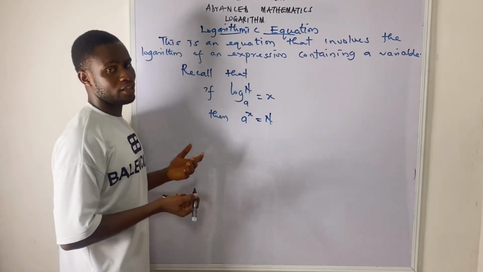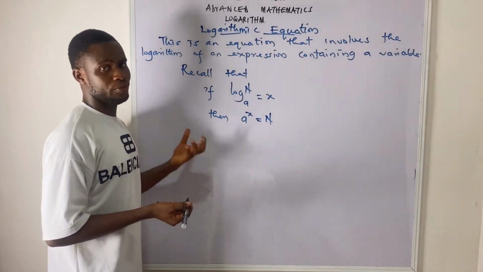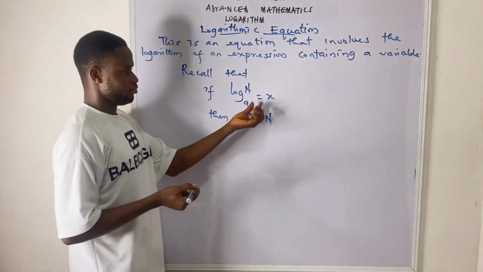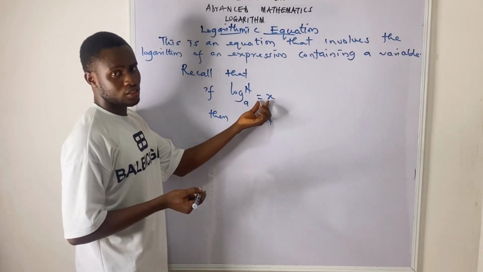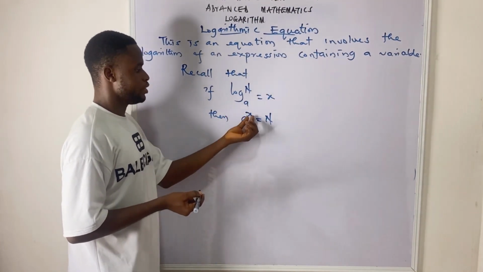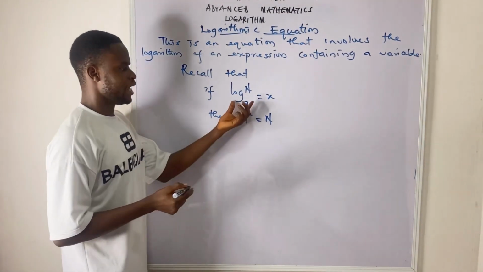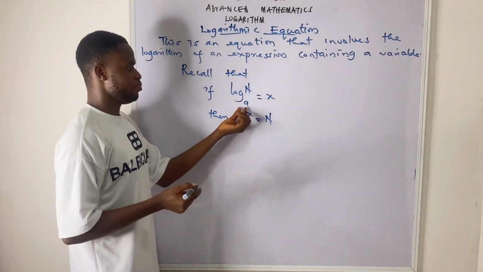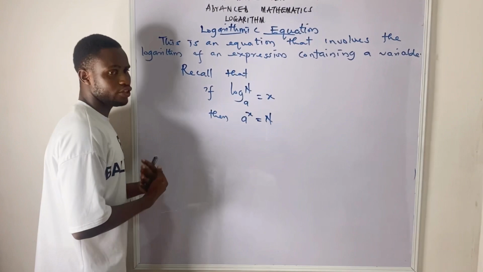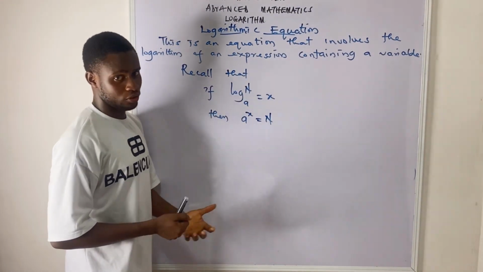The logarithm of a number to a particular base is the power to which the base must be raised to obtain the number. That is, logarithm of n to base a, which is x, is the power to which the base must be raised to obtain the number. So whenever I come across something like this, n is simply the base power the result. Can you see? N is base power the result. So it will be very, very useful while solving problems under logarithmic equations.